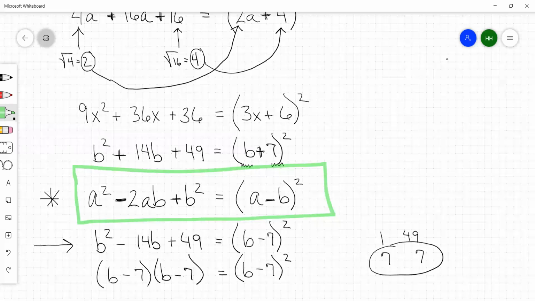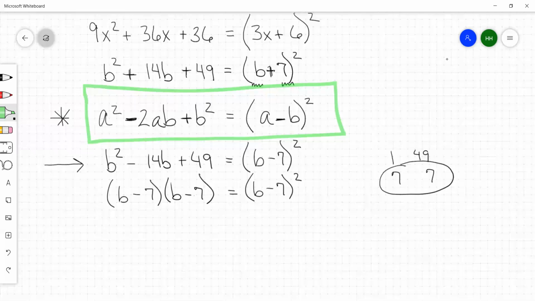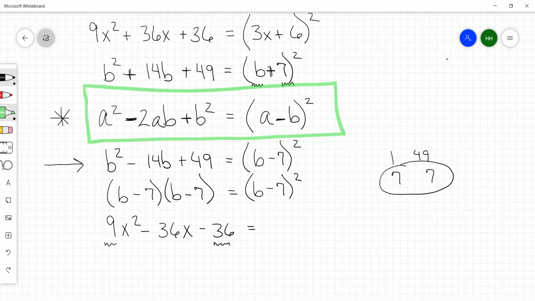So if we went to this 9x squared problem that we already factored, 9x squared minus 36x plus 36, I see a perfect square in the front and a perfect square at the end. Perfect square in the front, perfect square in the back.